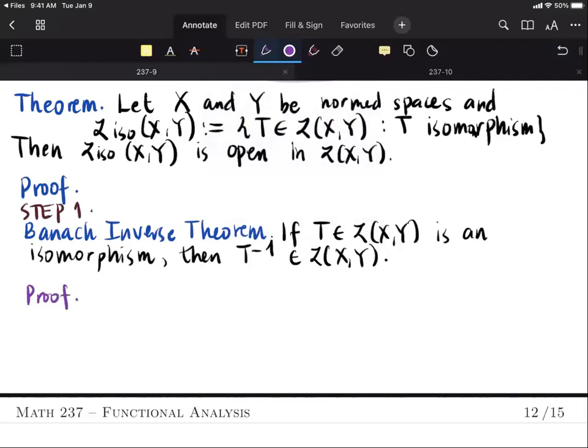For the proof, we need several theorems, in particular the open mapping theorem, which we will discuss in future lectures. So for now, let us accept this as a fact that a bounded linear invertible operator also has a bounded inverse.